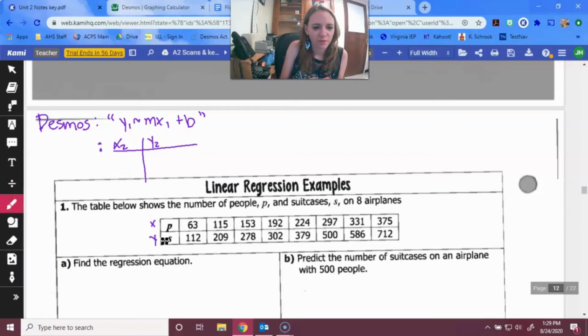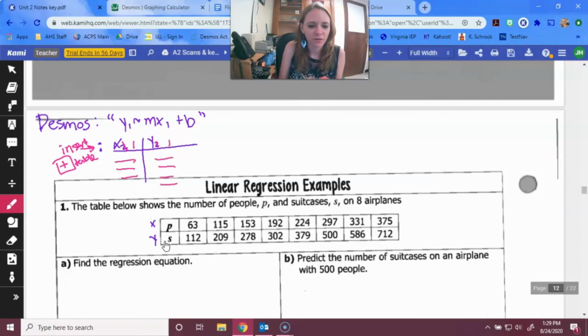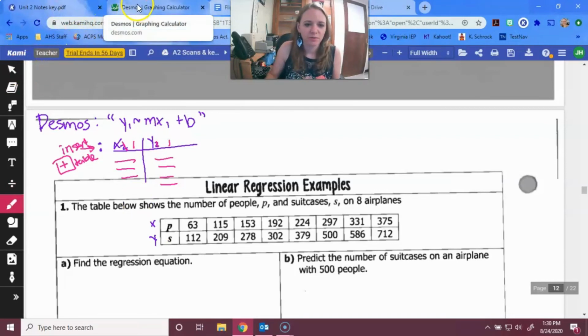But remember, you've got to change those to ones. And then enter your values. Okay, there you go. So there's your instructions for Desmos. And I'm going to go ahead and switch over to Desmos and start putting my values in.